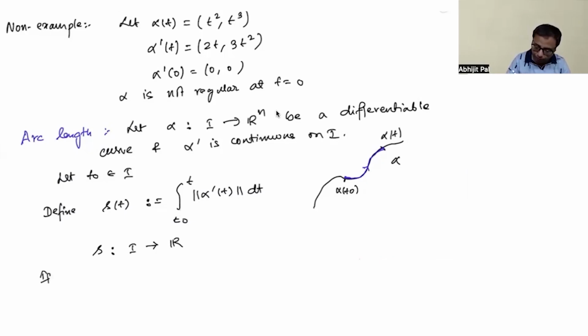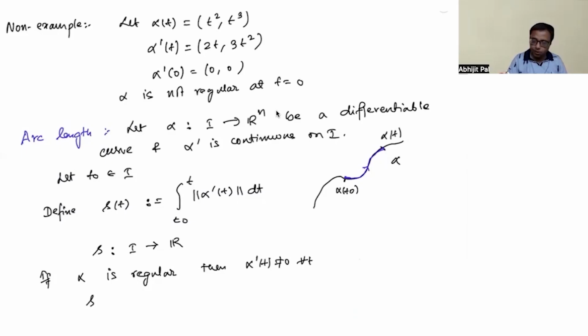If alpha is regular, then alpha prime t is not equal to 0 for all t, and the norm of alpha prime t is always greater than 0.